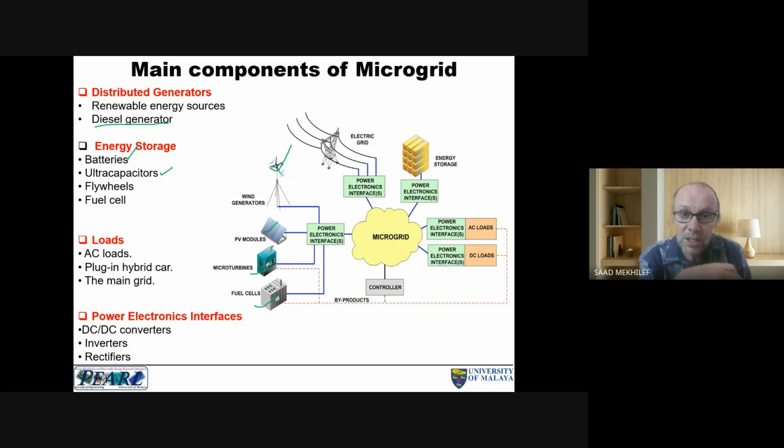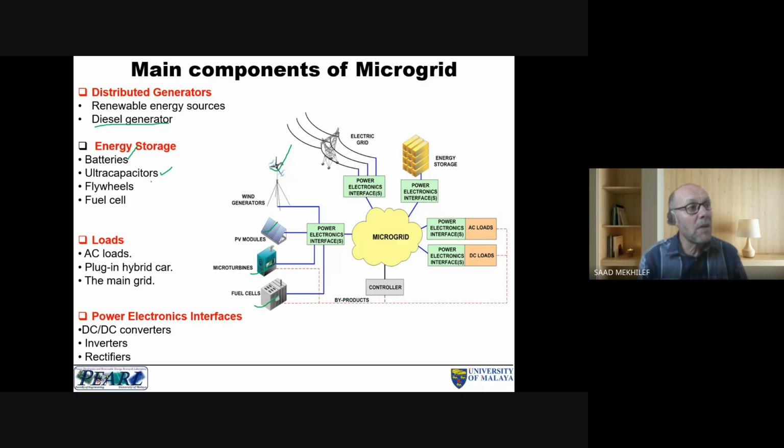They can discharge very fast to give the power so you can reach the speed that you need. The batteries don't have that speed of discharging. Ultra capacitors charge very fast and discharge very fast. However, the batteries charge very slow and discharge very slow. So a combination of these two will give you a good balance between power density and energy density.